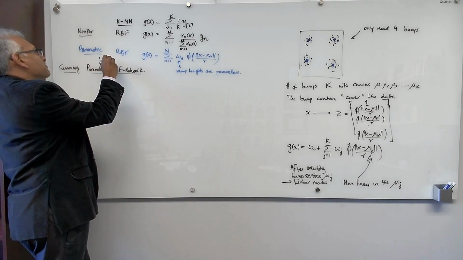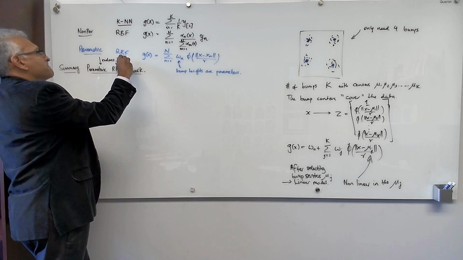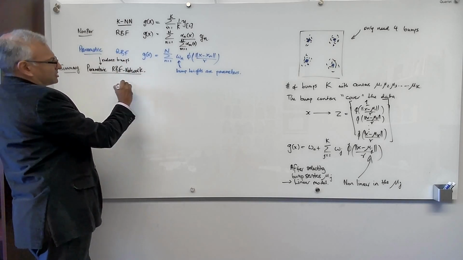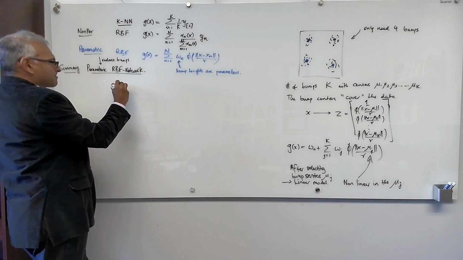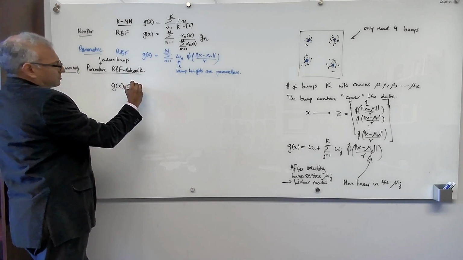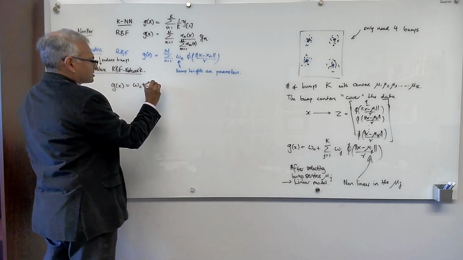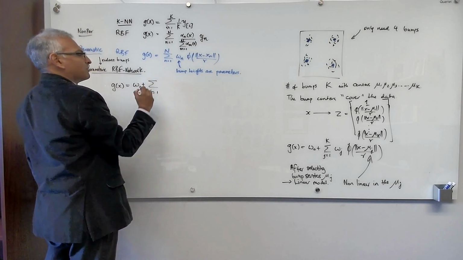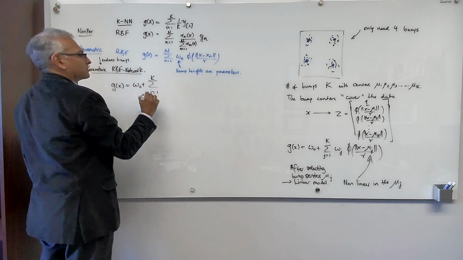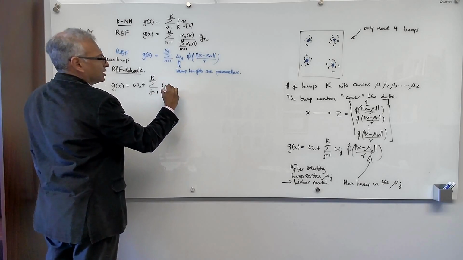So my final hypothesis g of x is equal to my augmented W0 plus the sum over bumps, j equals 1, of Wj, my weights.